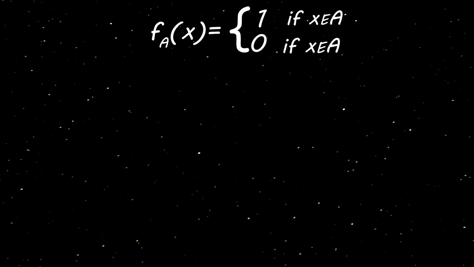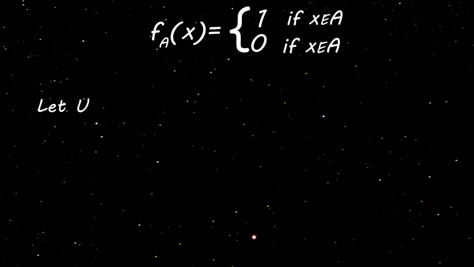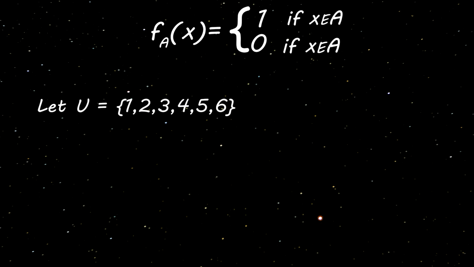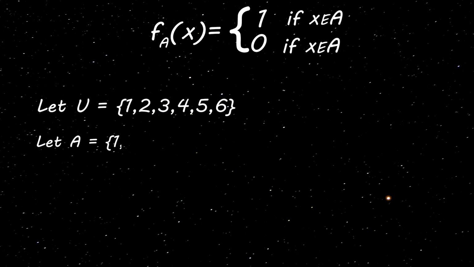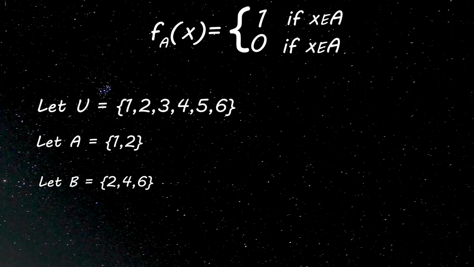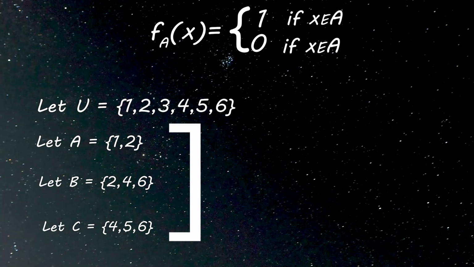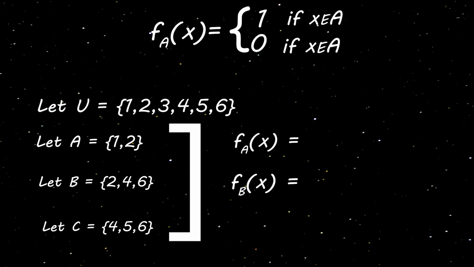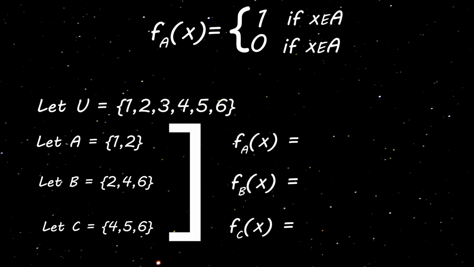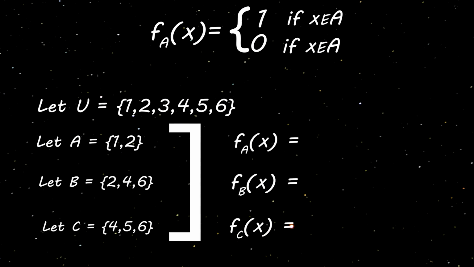Let's do an example with numbers to see why this lining up is important. Let U be the set containing elements 1 to 6, A be the set containing the elements 1 and 2, B being the set containing elements 2, 4, 6, and C being the set containing elements 4, 5, and 6. Find the characteristic function of A, B, and C. For all these characteristic functions, we're going to use U, the universal set, as a reference point.